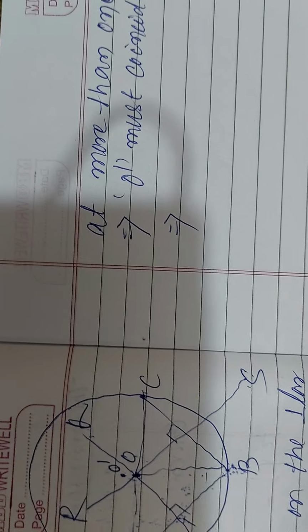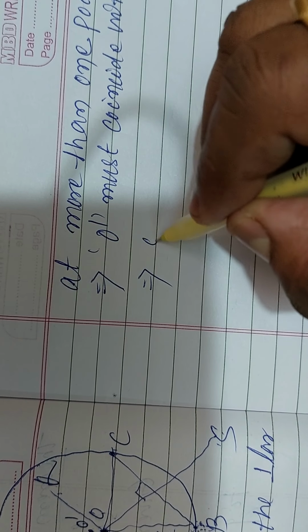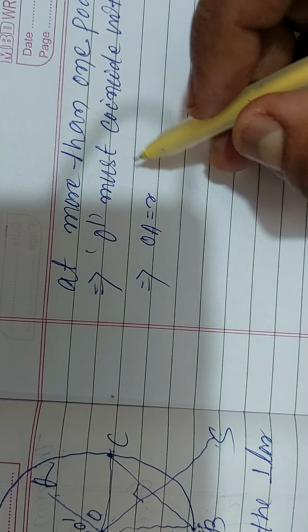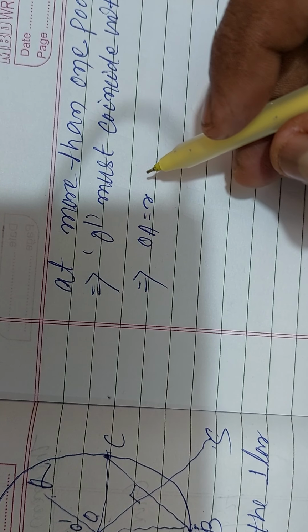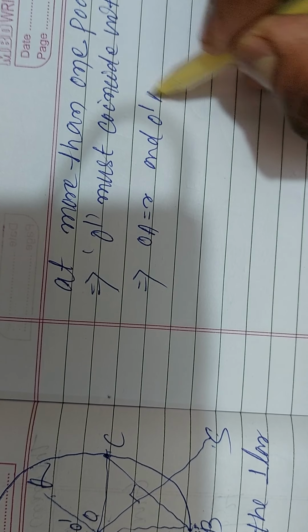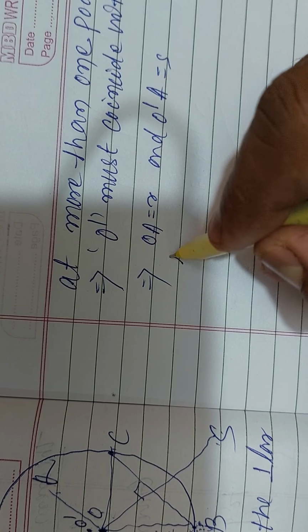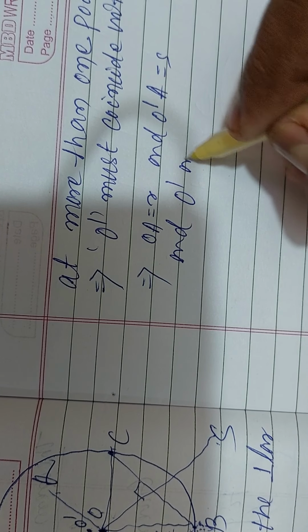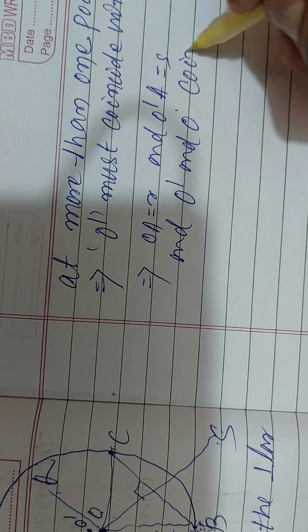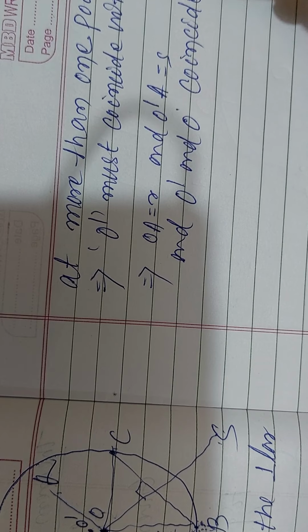So what do you conclude here? That implies OA is equal to R, and suppose O dash A is equal to S, and O and O dash coincide. Coincide means a unique point, only one point, not two points.